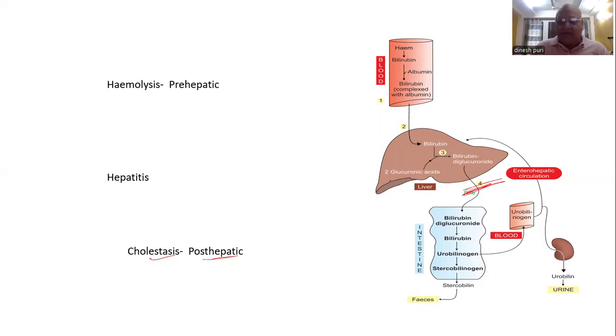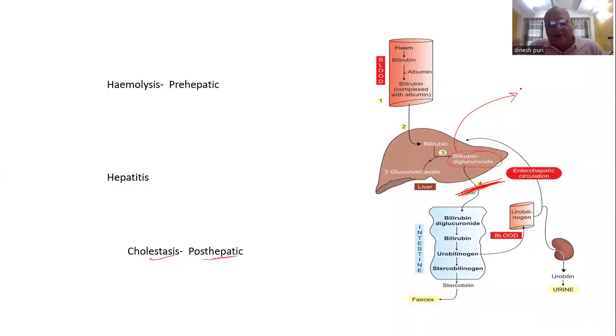Now if because of some pathology, for example gallstone, there is obstruction, what will happen? Bilirubin diglucuronide or conjugated bilirubin concentration will gradually build up within the hepatocyte. And after it reaches a certain level, it will leak out or rather regurgitate into the blood circulation.